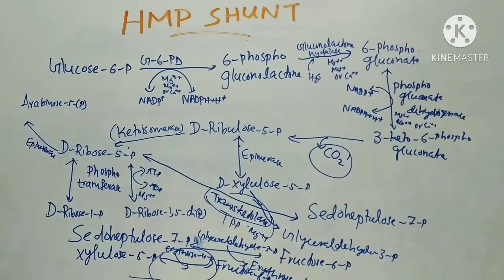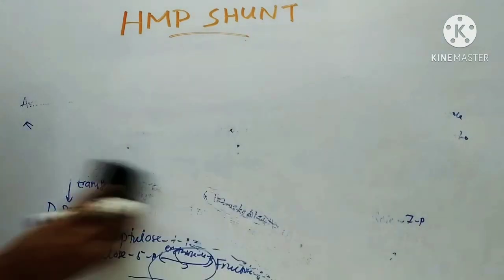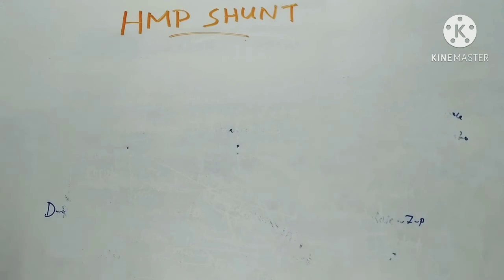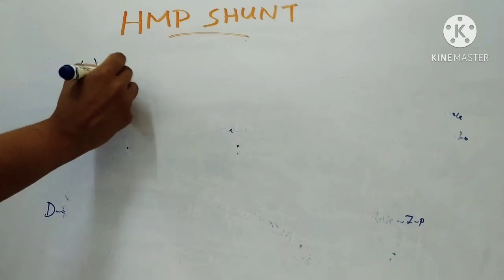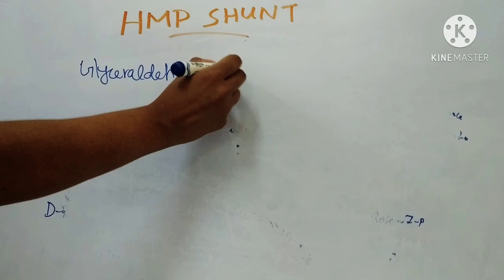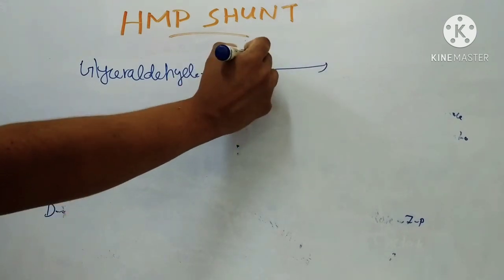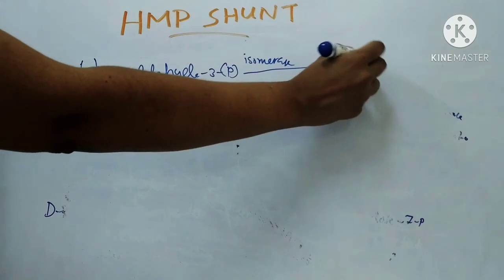Coming to the fate of fructose 6-phosphate and glyceraldehyde 3-phosphate. The glyceraldehyde 3-phosphate formed can be converted by the enzyme isomerase to dihydroxyacetone phosphate.